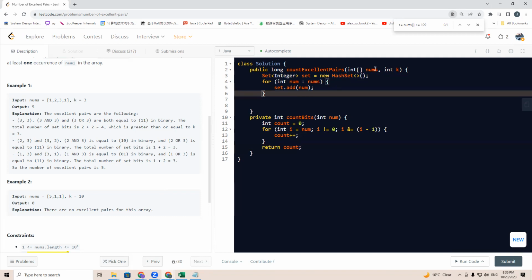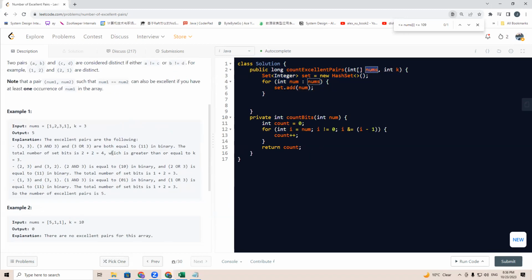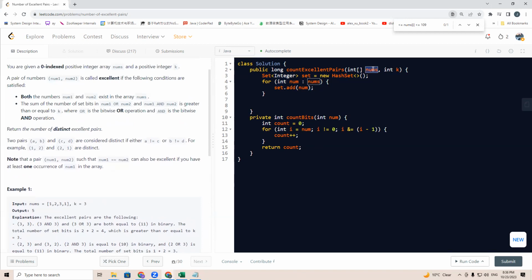So for every number, we just get its bit count. We know every number is an integer, smaller than 32 bits in length, so the bits are at most 32.